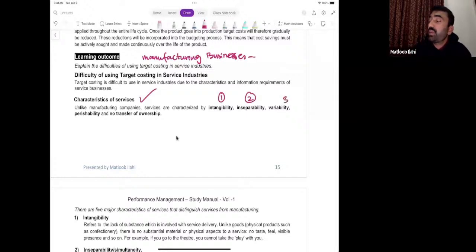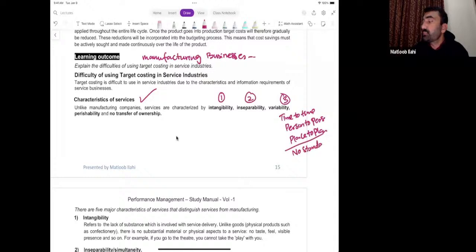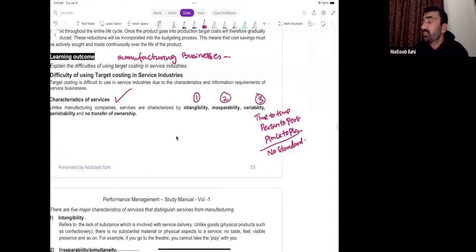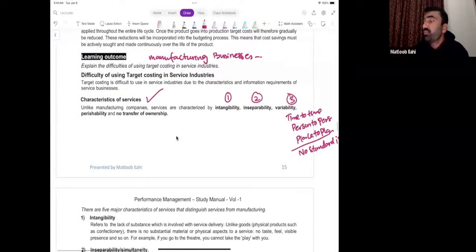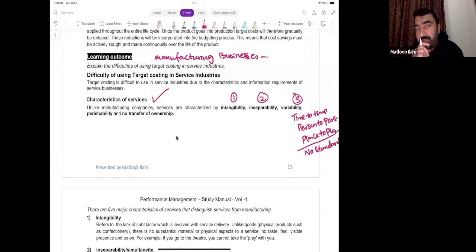Variability is another feature of services: services vary from time to time, person to person, and place to place. In other words, there is no standardization in services. That is called variability. Next is perishability.